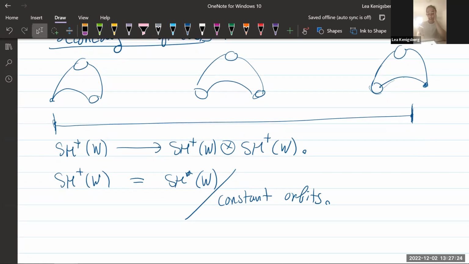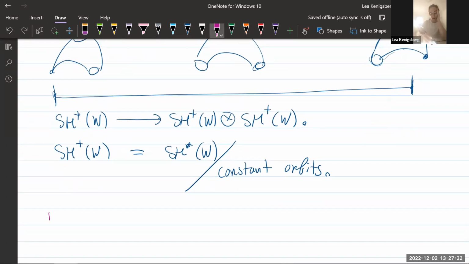Okay, so this kind of operation is due to Ekholm and Oancea. I think there was also a version by Abouzaid and Schwarz for cotangent bundles, and then there is some version by Cieliebak, Hingston, and Oancea using parameterized weighted one forms.